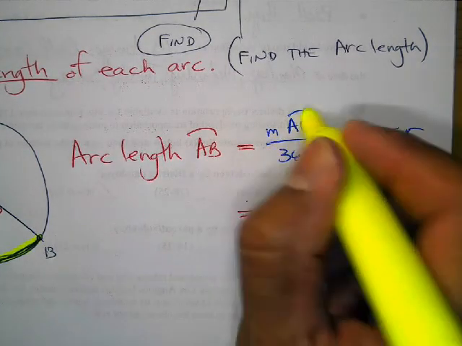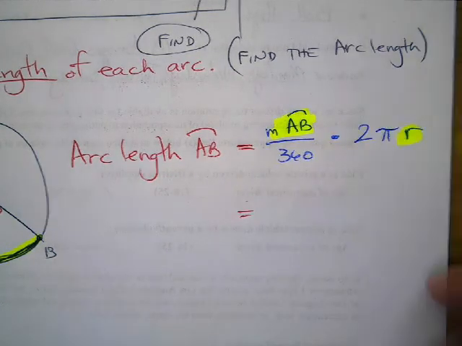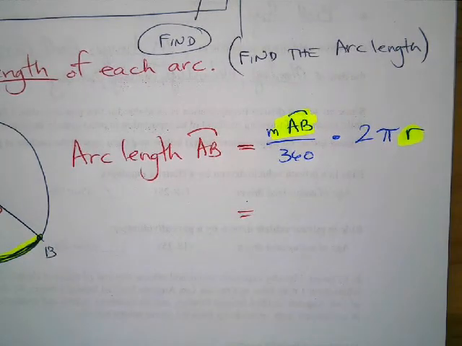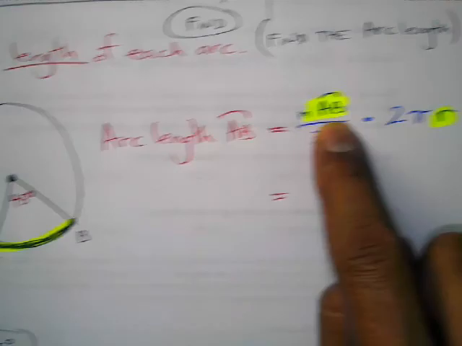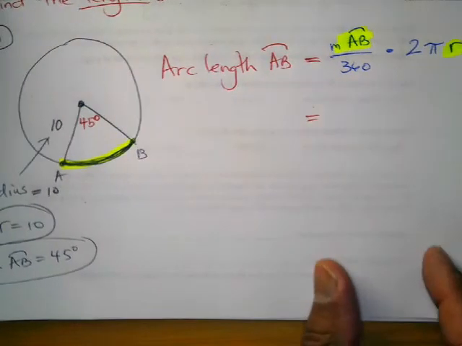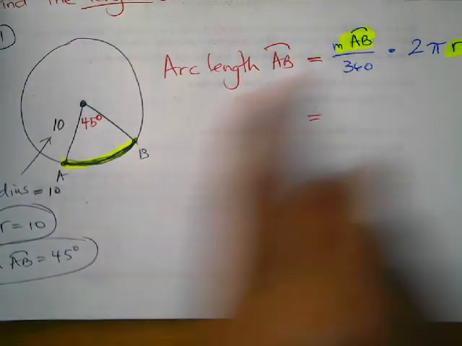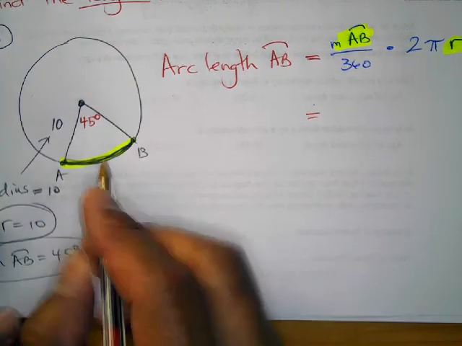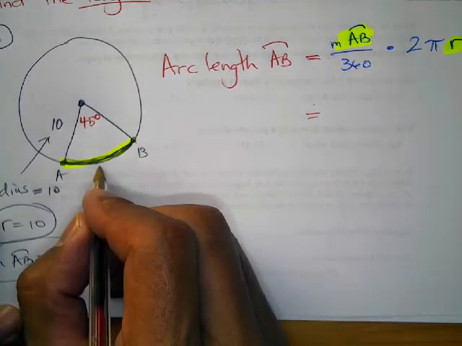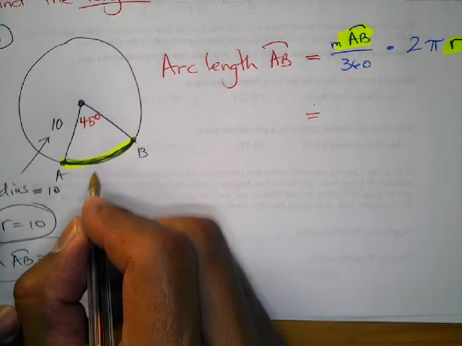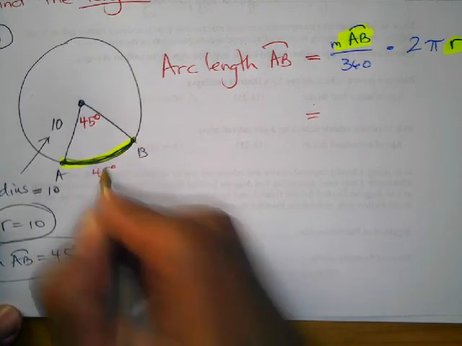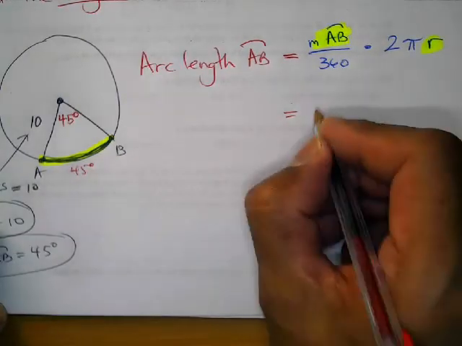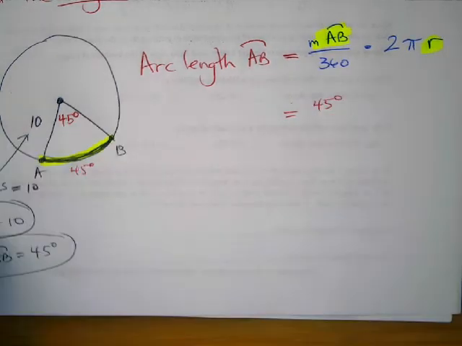Okay, so that's going to be what? You only have to put the two pieces of information here, this angle and the radius. Everything else is a number, right? So what's the measure of the arc? Remember, if this is 45, well, this one's 45. The measure of the angle AB is 45, so it's 45.